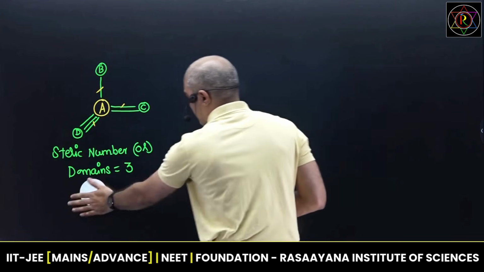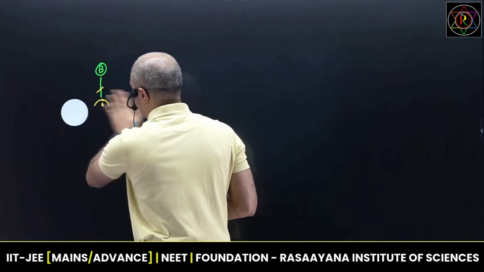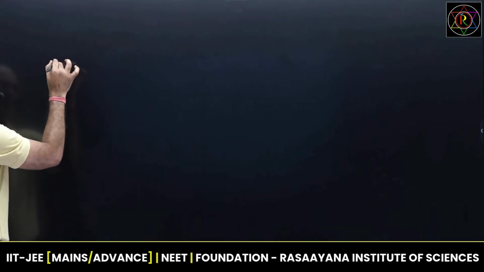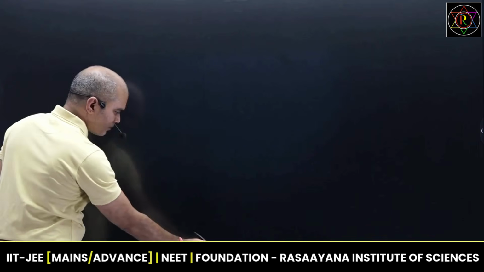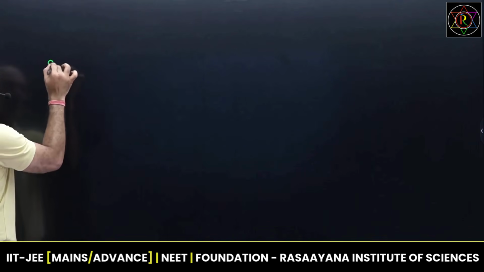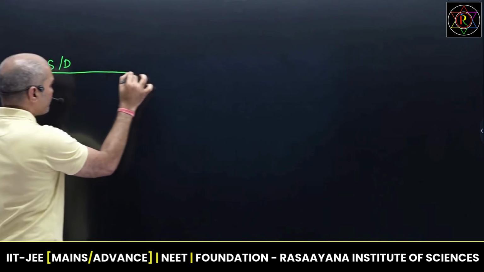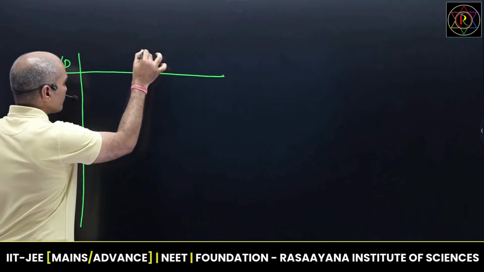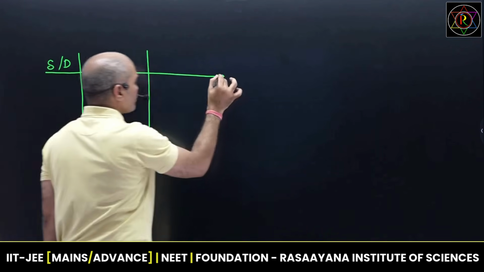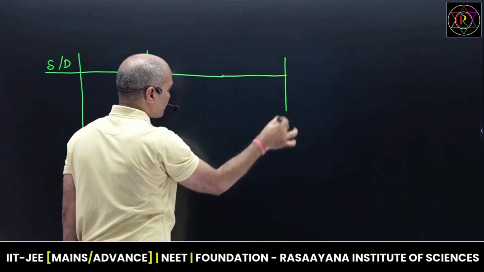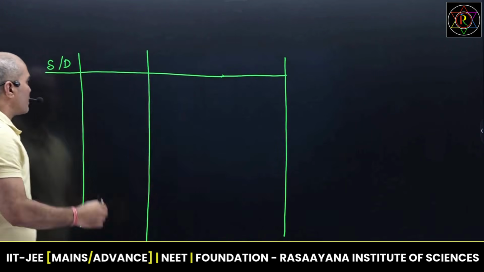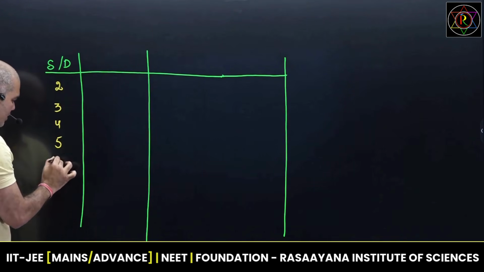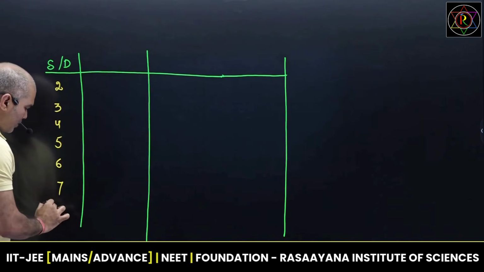With respect to this steric number, we have one particular hybridization and a corresponding geometry. Let us understand that. For example, if I give steric number or domain, for steric numbers 2, 3, 4, 5, 6 and 7. We need not go beyond 7.